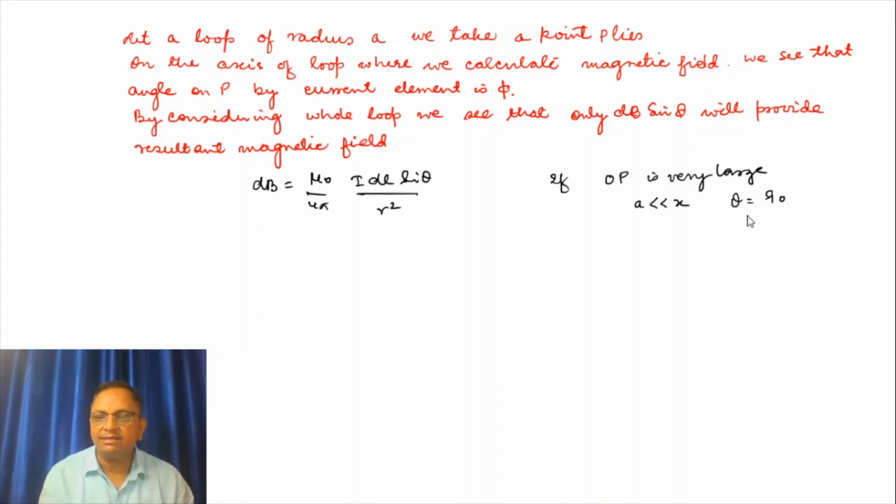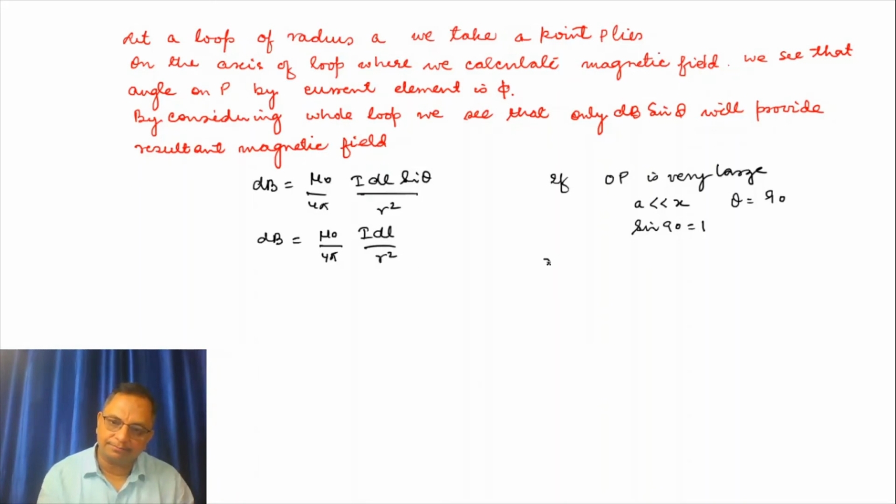Then sin 90 becomes 1, so our formula becomes dB is equal to mu 0 over 4 pi I dl over r square.